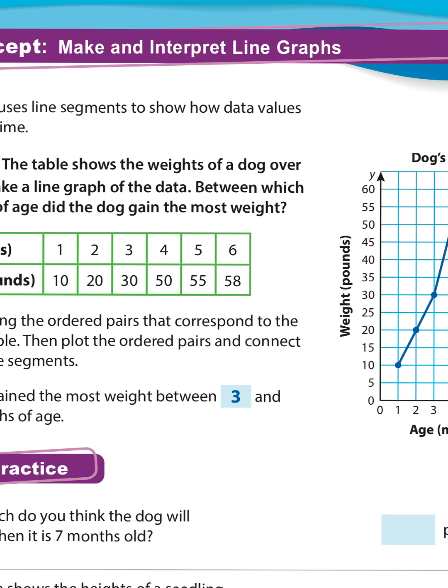We are going to be doing the same thing we've been doing, plotting points, but today the difference is we are connecting those points to show the trend or the change that is happening from one point of data to the next point of data, because it doesn't just stop. Okay, our age, if we're looking at this table here, our age doesn't stop. We keep aging, okay? Between 1 month to 2 months, there are days in between.